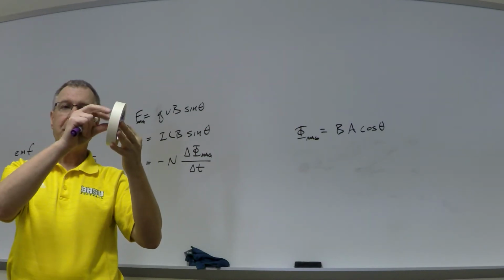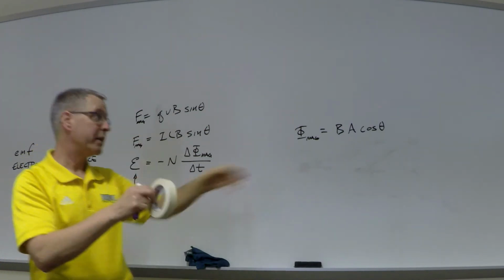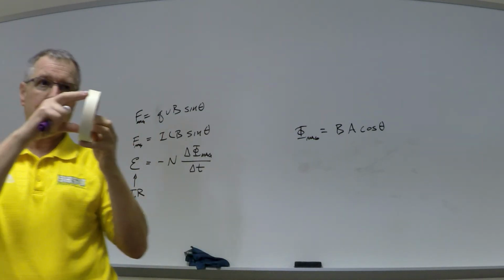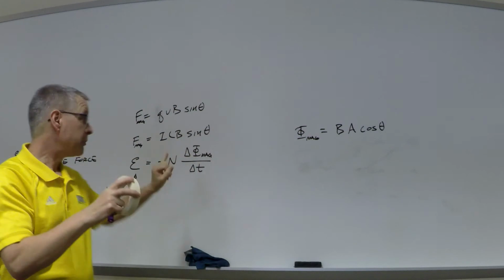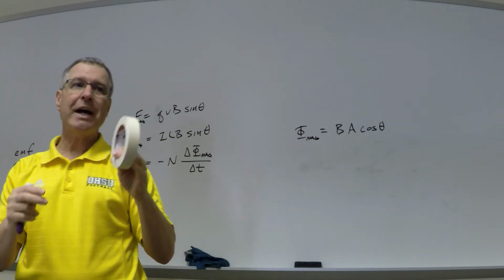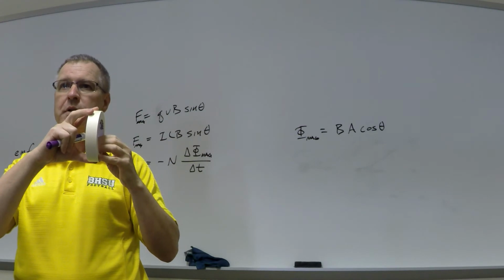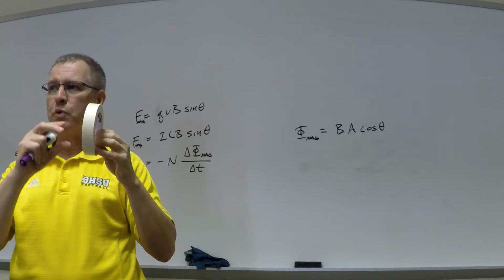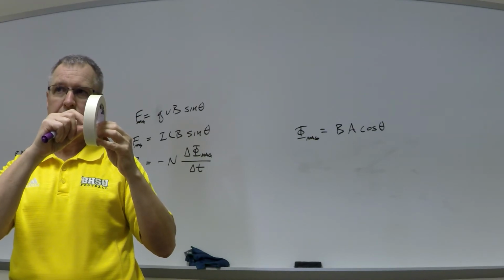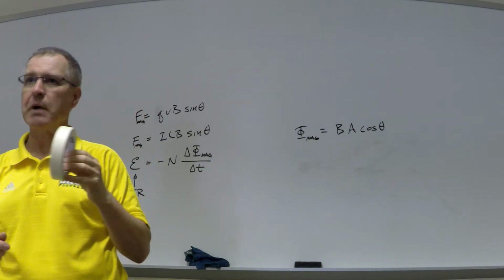Somehow I get a change in magnetic flux in this loop, one of these ways. While that flux is changing, I will get a current in this loop. That part is Lenz's law, which says that the direction of the current I induce will be set up to oppose the change in the flux that I'm making to create that current. So lots of words. Let's try one.